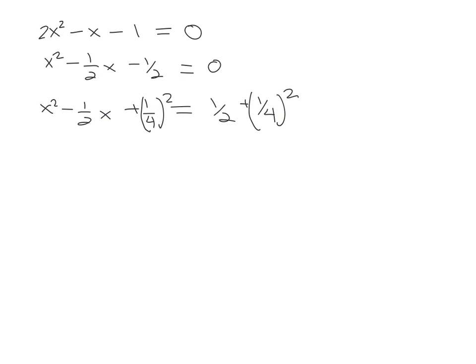Okay, so then how does that factor? x minus 1/4, the whole thing squared, equals 1/2 plus 1/16. Okay, so 1/2 plus 1/16 is 9/16, great.